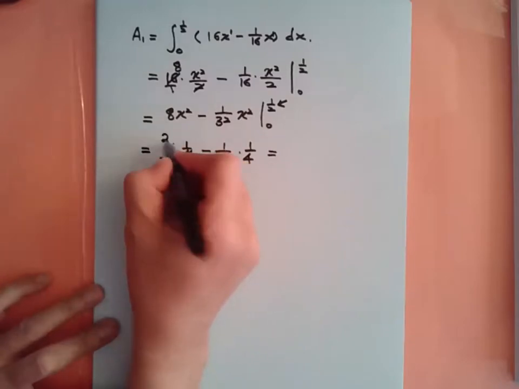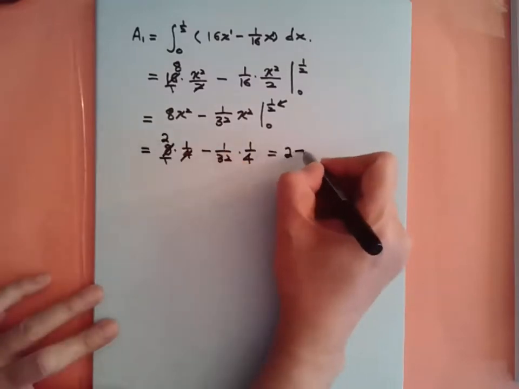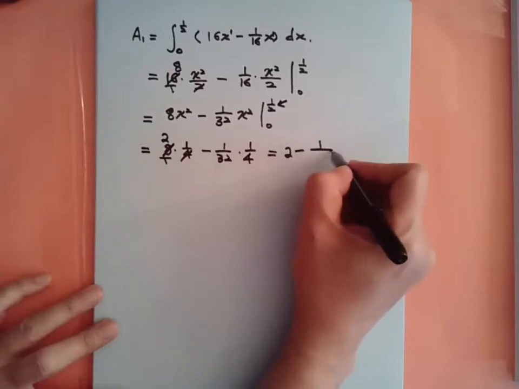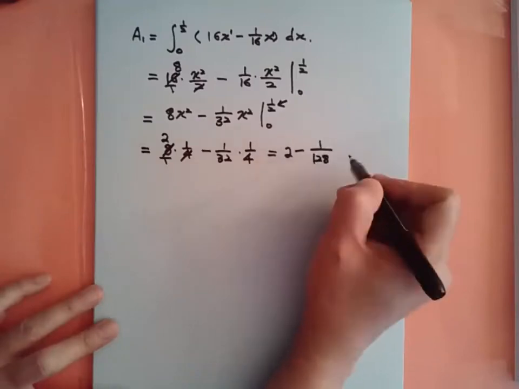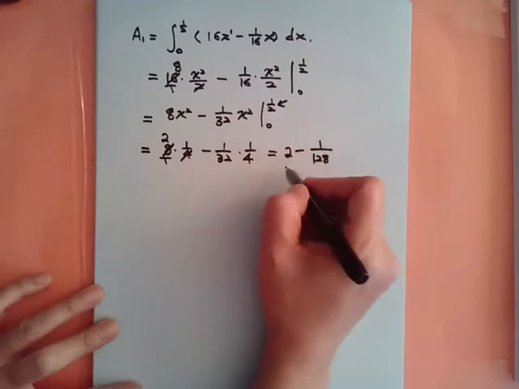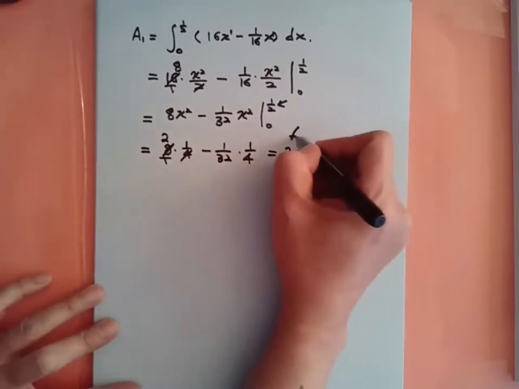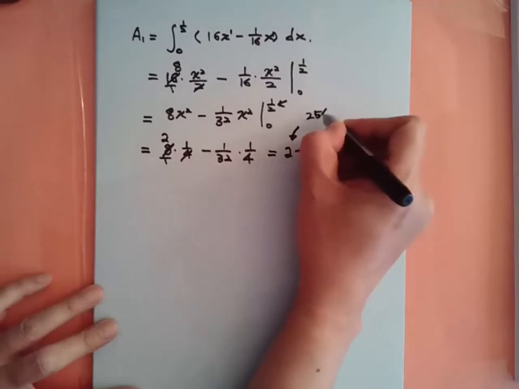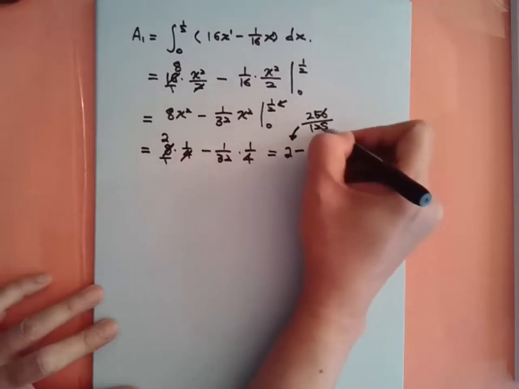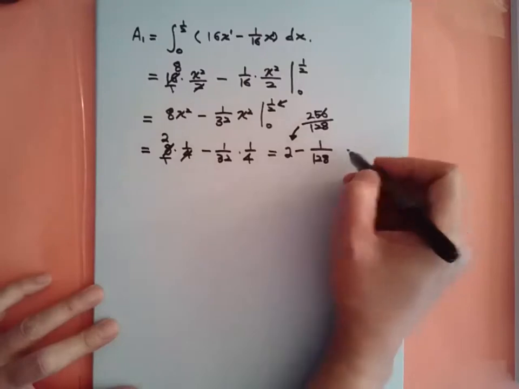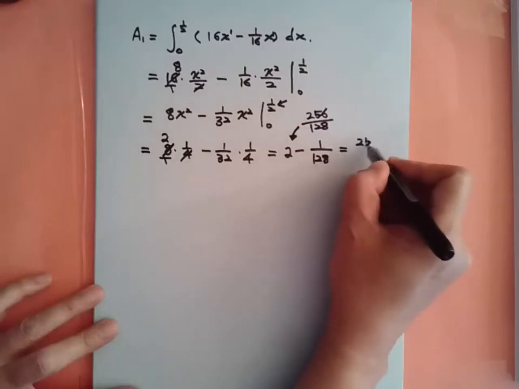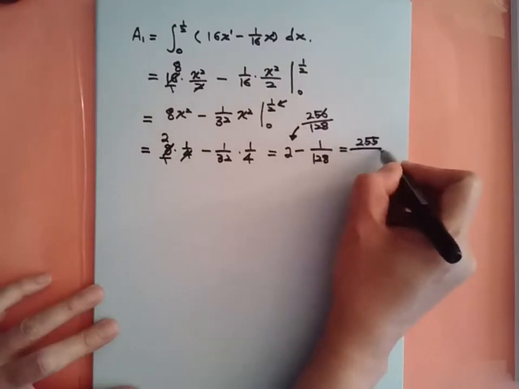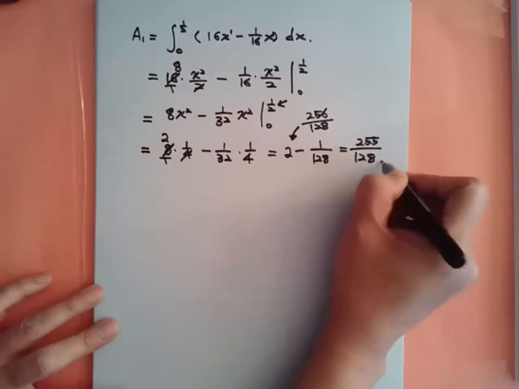So that is 2 for the first one. And the second one is 1 over 128. You can use your calculator if you want. 2 is 256 over 128. And if you subtract 1, then you will get 255 over 128.